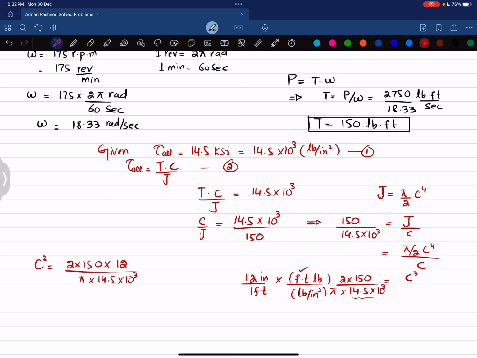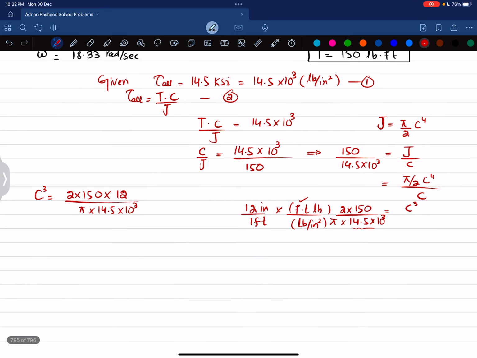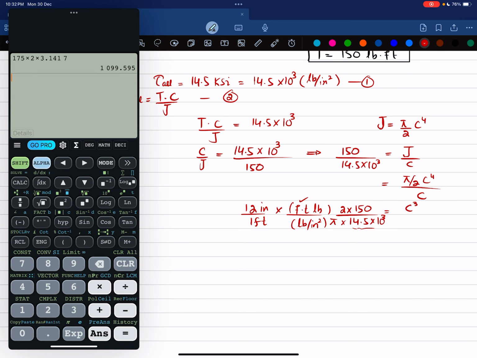Clear? And let's calculate this. I will take 2 multiplied by 150 multiplied by 12 divided by pi, 3.1417, multiplied by 14.5 multiplied by 1000, and you will get 0.079.